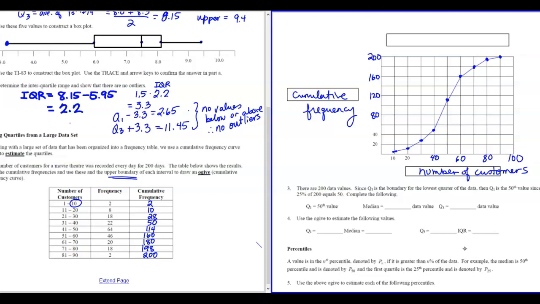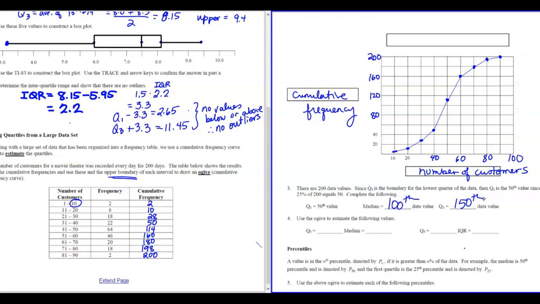For the whisker, there's 50 data values, the first part of the box, second part, etc. So Q1 is going to be the 50th value. The median would be the 100th value, because there's 200 data values in total. Q3 would be the 150th data value. Okay? So now let's actually find those values.